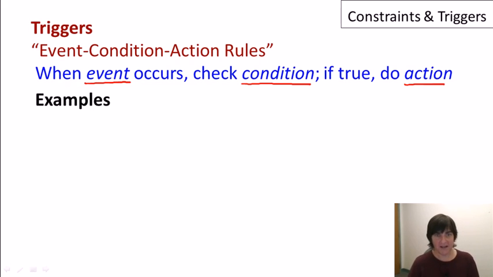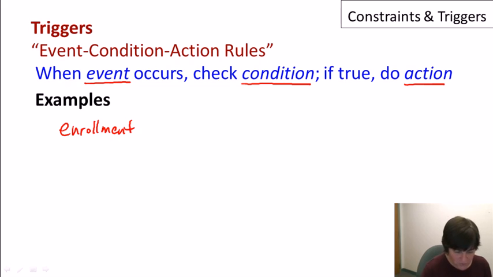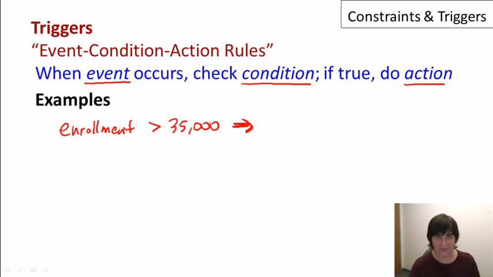So let's look at some examples of what we might use triggers for in our college application. We might have a trigger that says if the enrollment is modified to exceed, say, 35,000, then let's initiate an action, and now this is not a logical implication, but a triggering of an action that rejects all applications.